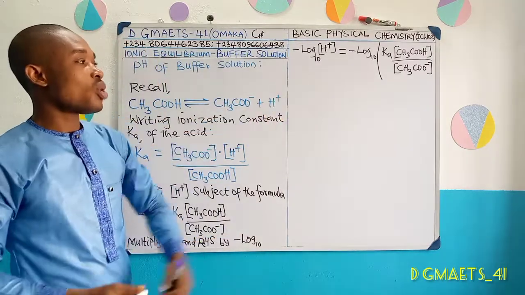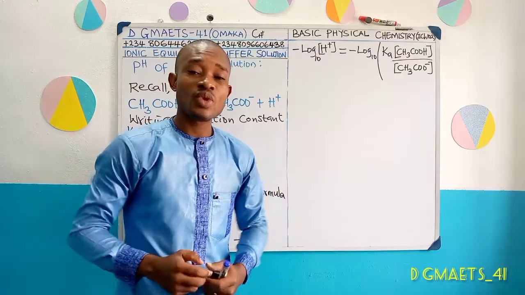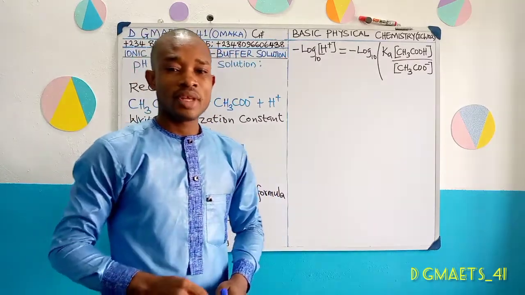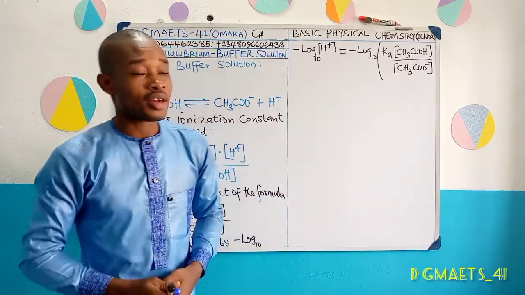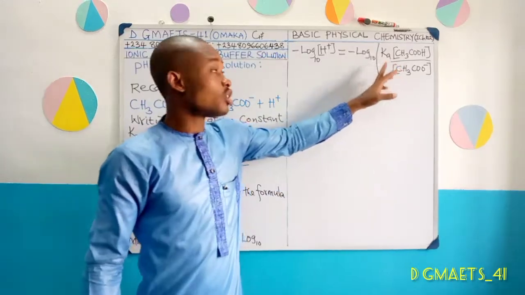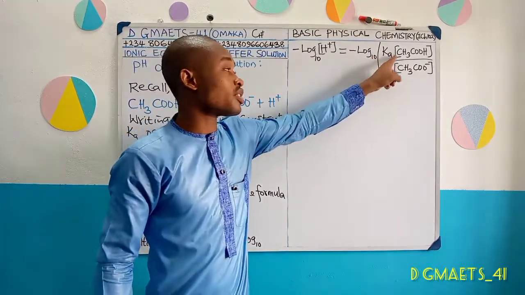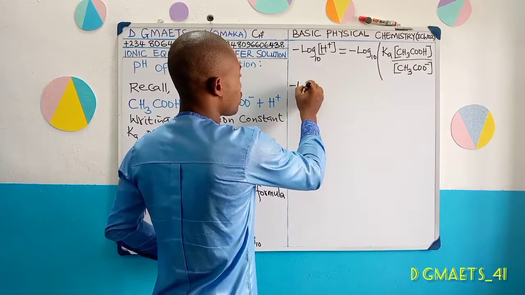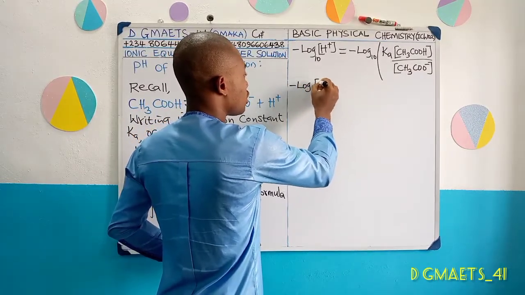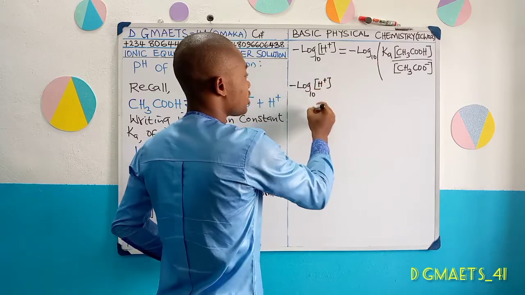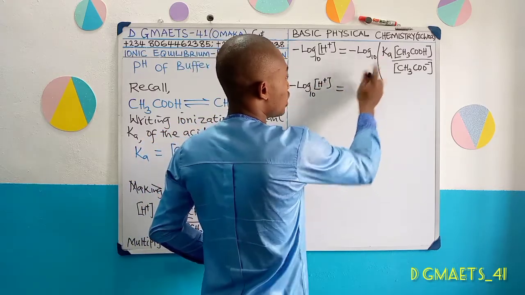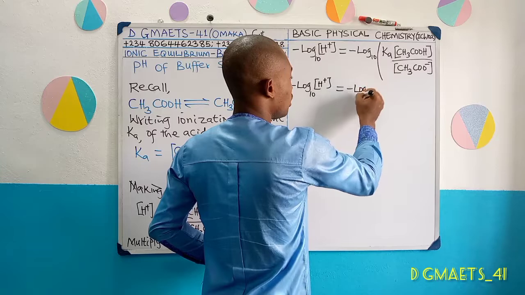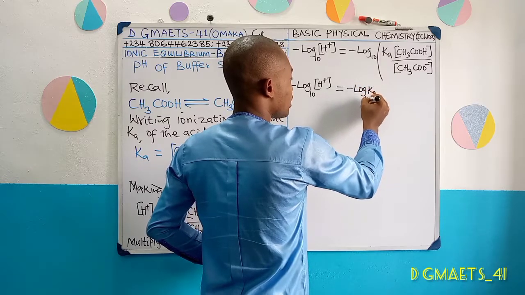As I don do am so, I go remember wetin we dey learn for logarithm. Past time for our mathematics, I don teach logarithm before, come talk wetin log dey do if you get something like this. So I go quickly apply am. This one will give me minus log hydrogen ion concentration, I'll come put am 10 for under here. Equal to this place will give me minus log Ka base 10.